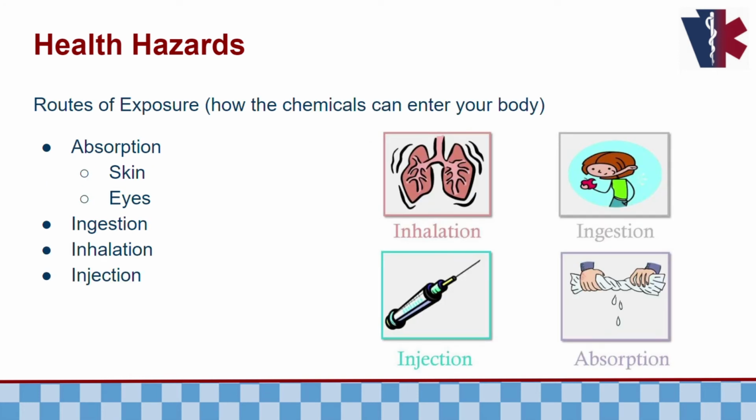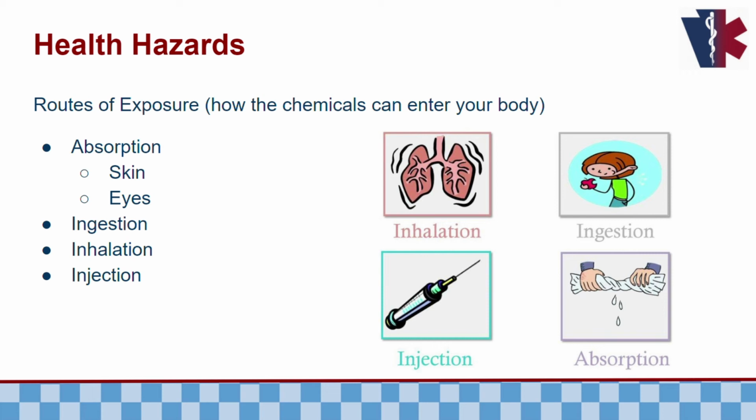Products that cause health hazards can enter the body in different ways. Absorption occurs when the chemical enters the body by passing through tissues. Common areas of occurrence include the eyes and skin. Ingestion occurs when the chemical enters the body through the digestive system.